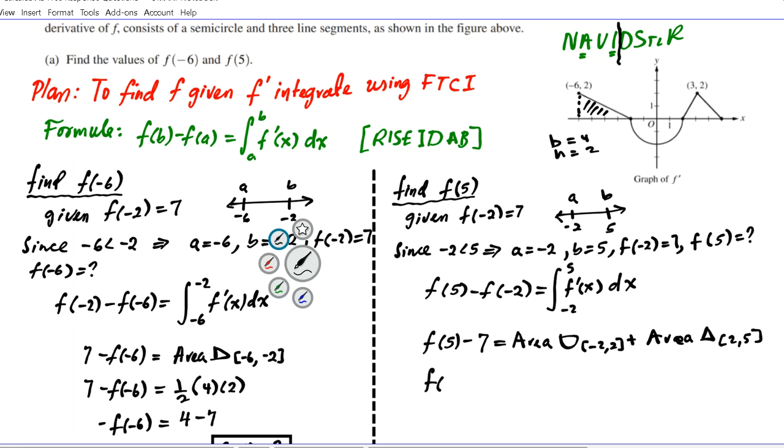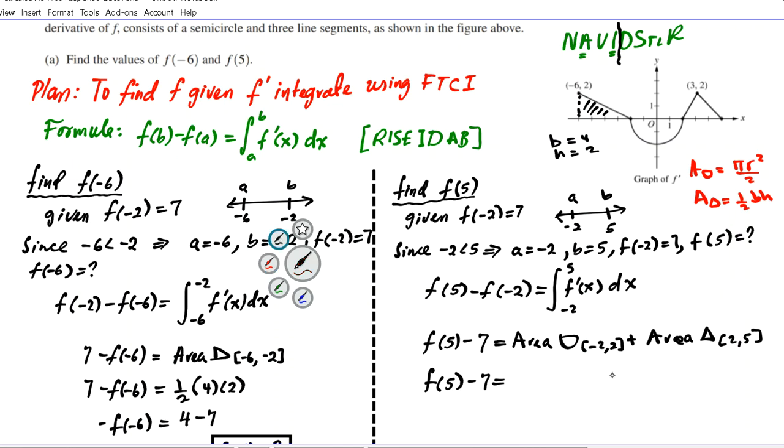Alrighty, so in this particular case, we're going to be flexing our geometry muscles to do this problem. The area of a semicircle is pi r squared over 2. Area of a circle is pi r squared, right? And we already know that the area of a triangle is 1/2 base times height, or base times height over 2, doesn't matter.